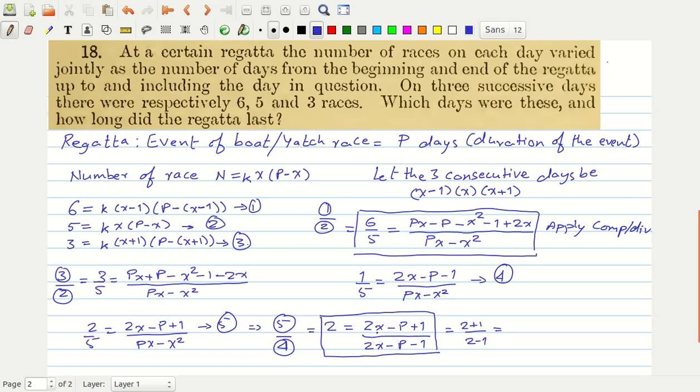So ones will cancel out, so you get 2 times (2x minus p) divided by numerator minus denominator. So 2x minus p will cancel out and 1 minus minus 1 will be 2, right.